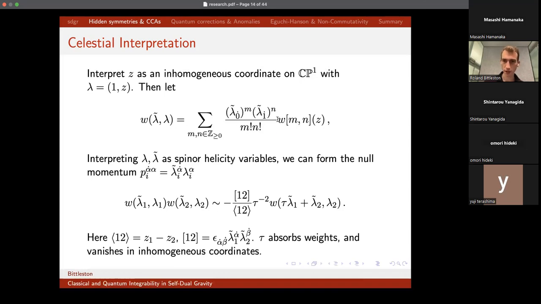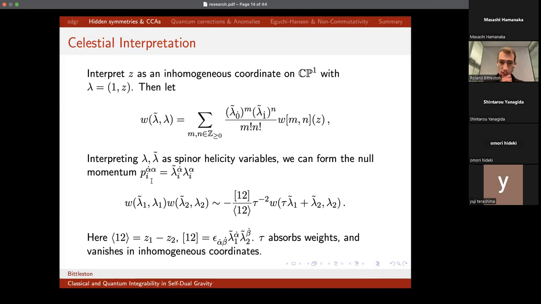Sometimes people call these W_MN states soft modes, because this corresponds to expanding in some kind of energy. Then this is a hard mode, because we've summed up all the soft modes together, arbitrarily high numbers of them. We can then interpret lambda and lambda tilde as spinor helicity variables and form a complexified null momentum.